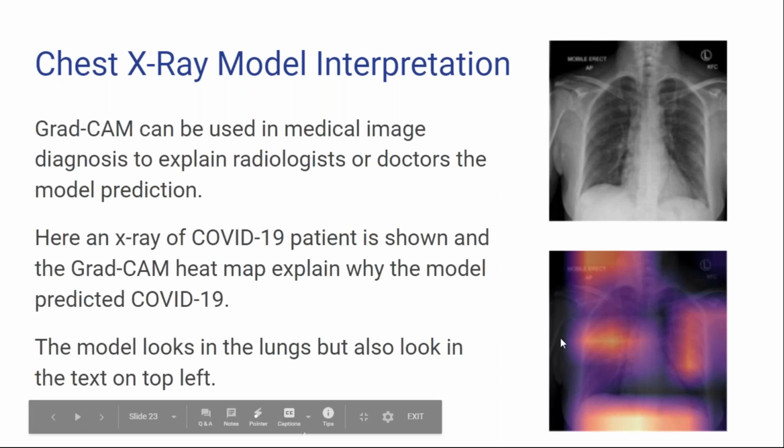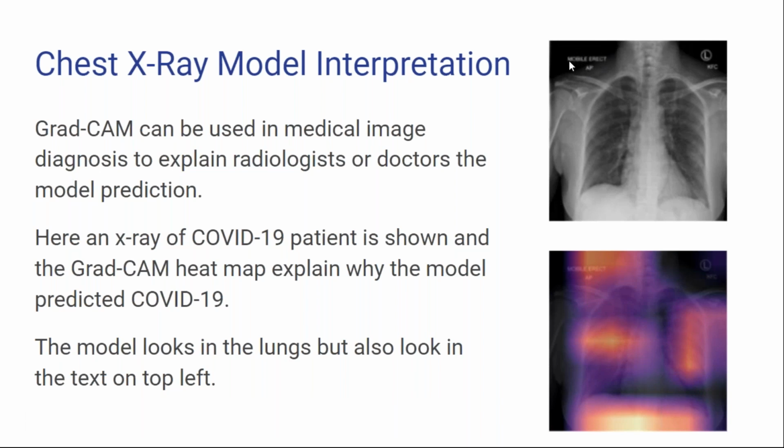As you see in this heat map, the lungs are highlighted. But there is something else going on here. It not only highlights the correct region of the lungs, but also some anomalies, or noise, over the top left of the chest image. There is some text written here.